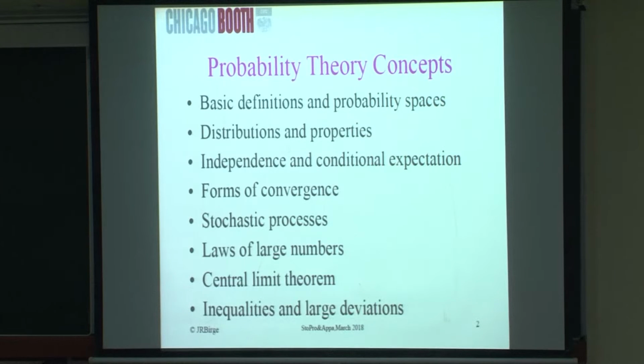So I'll try to build the basic definitions from that, which are things that we use in the rest of stochastic programming. And then I'll talk about common distributions and some of the properties of common distributions that we use particularly a lot. And then concepts of independence.